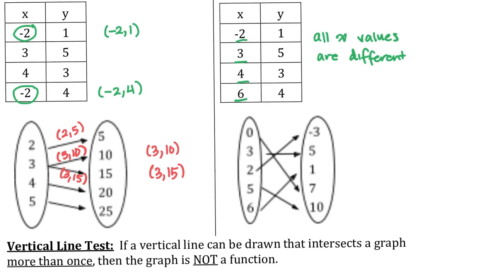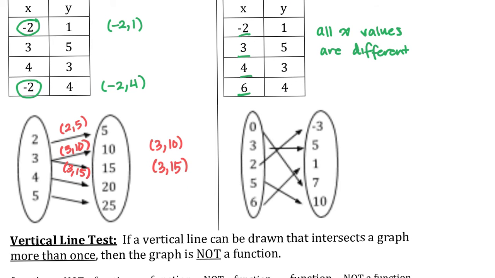Okay, and then the third one is represented as a mapping. If you can read the mapping well, you can just tell from looking at it whether it is a function. I'm going to list the ordered pairs it represents because we have not used mappings very often. So at 0, this is mapping to 7, so (0, 7). 3 maps to 5. 2 maps to -3. 5 maps to 10.